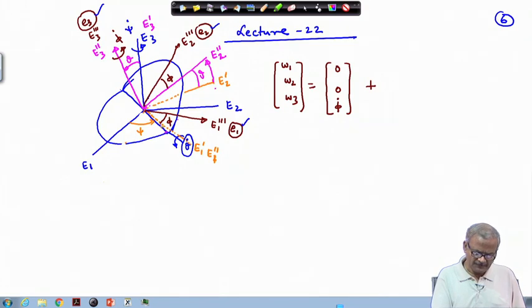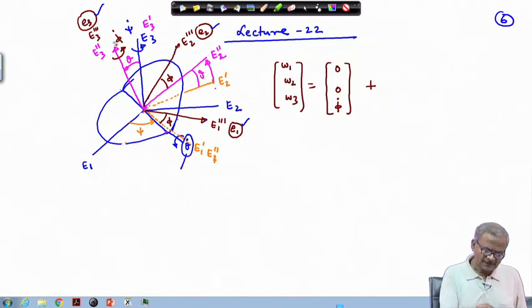If we give just one rotation, we reach the body frame. And why can we not add these three, theta dot, psi dot and phi dot, directly? Because they are not orthogonal to each other.